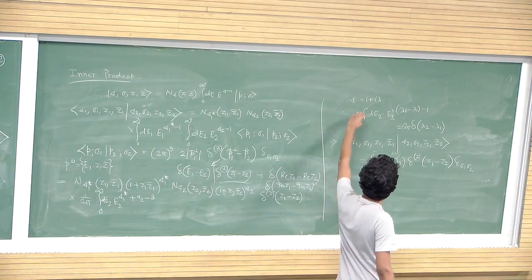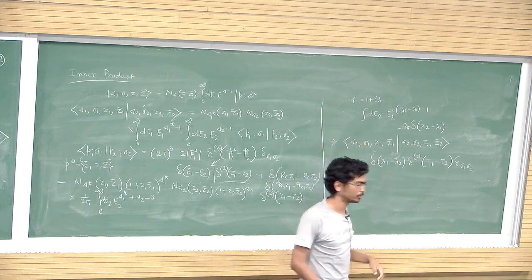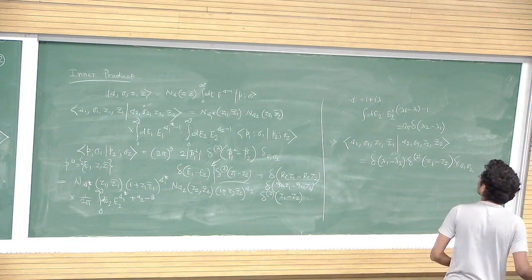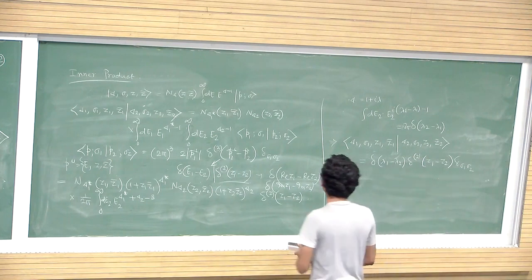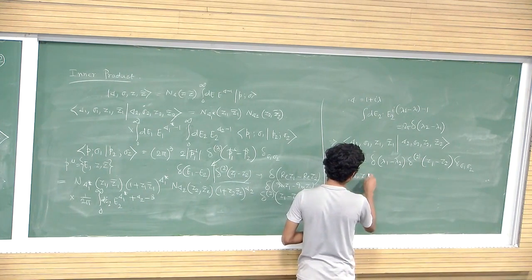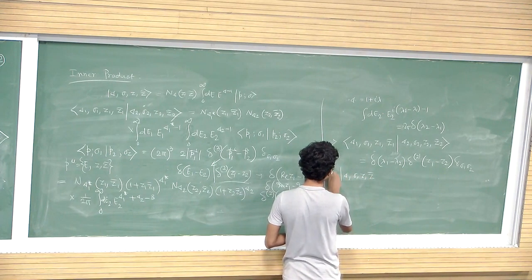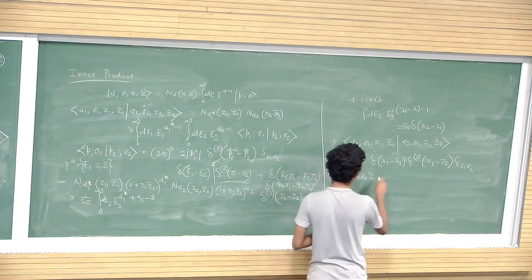This is something called the continuous principal series representation of the Lorentz group. So thus we conclude that this delta sigma z z bar, you can also show that u of lambda acting on delta sigma z z bar.